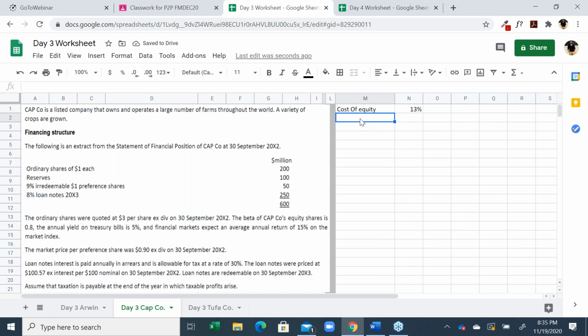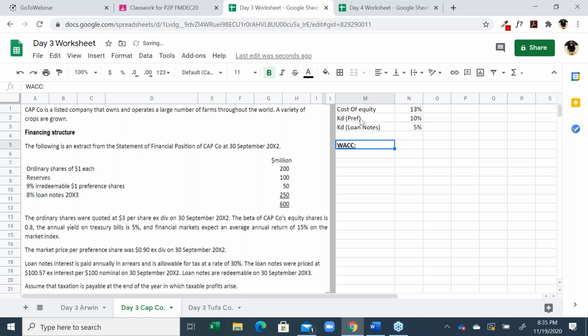Cost of preference shares, 10%, and cost of loan notes, 5%. Okay, now I need to calculate weighted average cost of capital.